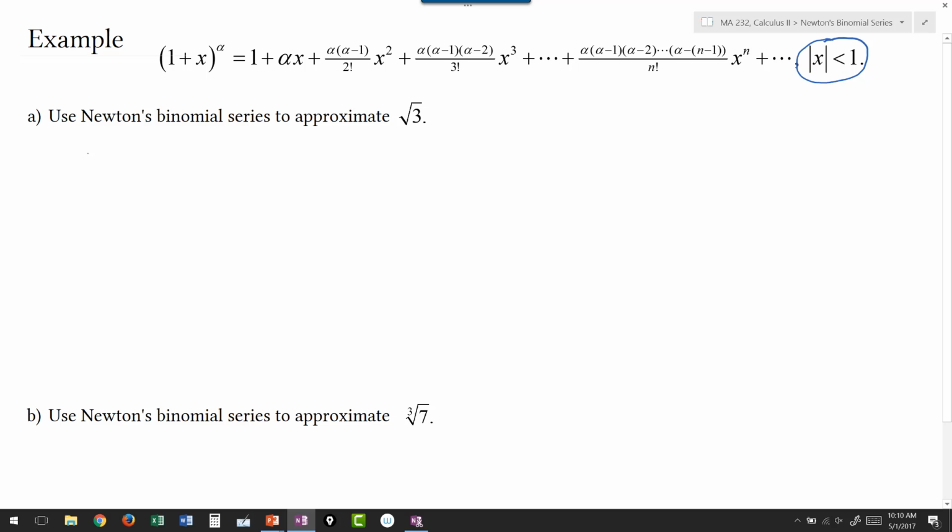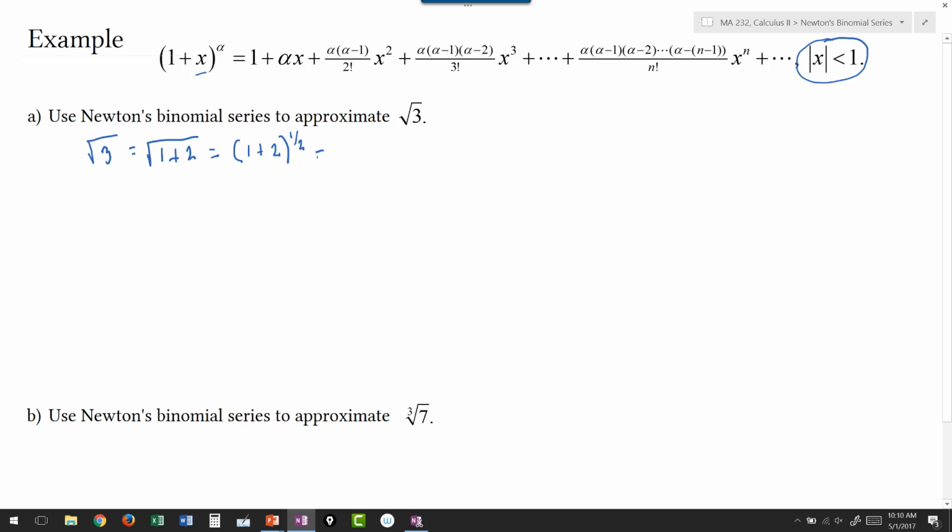It might be tempting to do this. Think of the square root of 3 as the square root of 1 plus 2, because the Newton's binomial series, right, has the form 1 plus x inside the parentheses. And I could write that as 1 plus 2 to the 1/2.